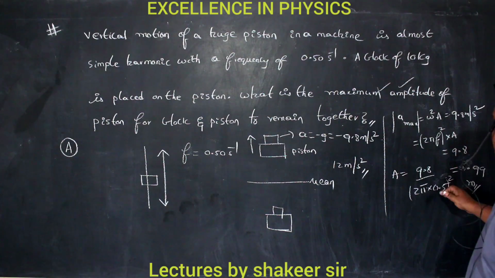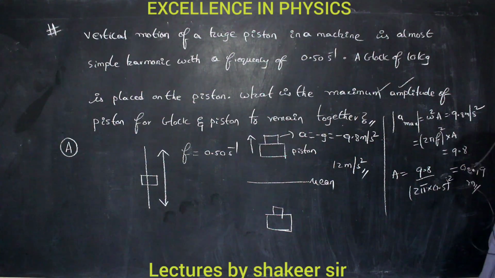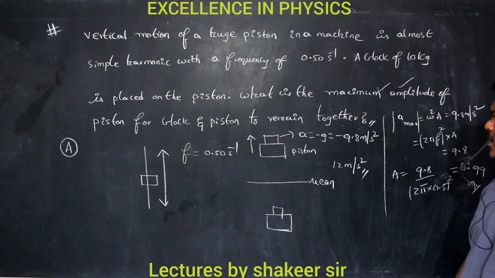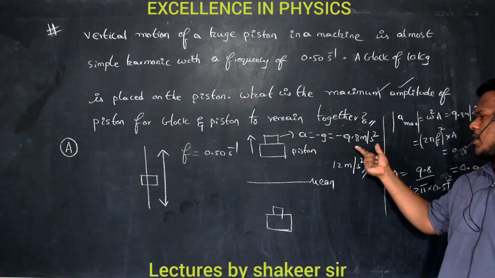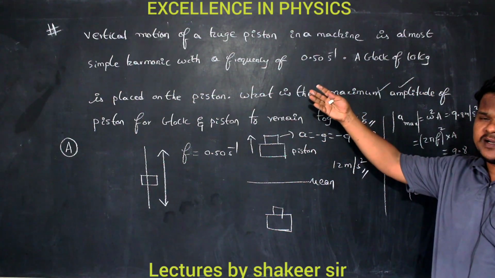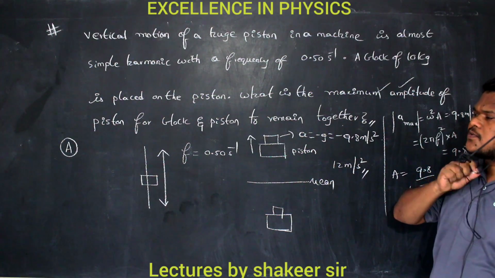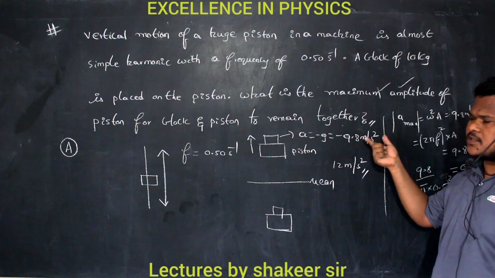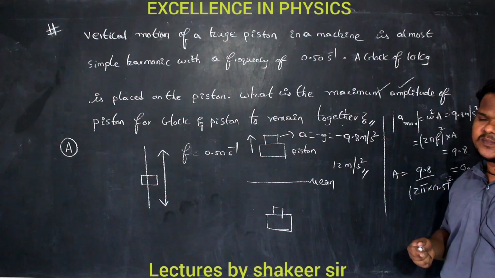So if the amplitude is 0.99 meters, that is the maximum amplitude, and the acceleration will be 9.8 for the piston. If the amplitude increases beyond this, the acceleration also increases, and then the bodies will get separated. Okay.